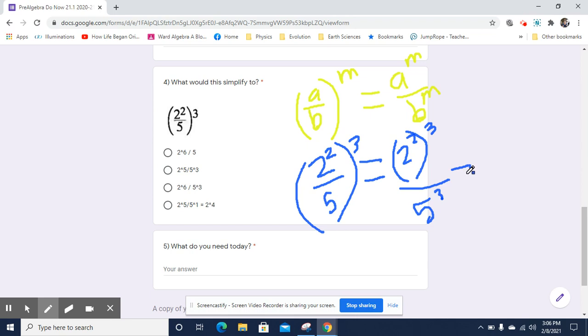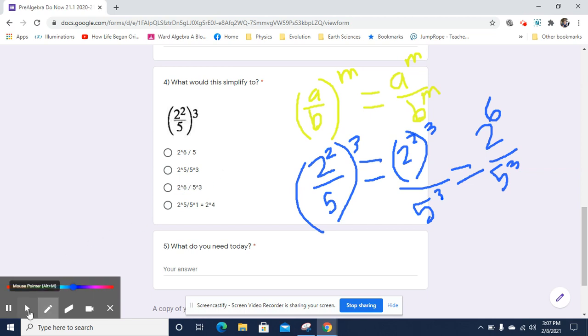So that ends up being 2 to the second being used 3 times. So that's 3 sets of 2 factors of 2. So that's 2 to the 3 times 2, or 6th power. And that's 5 to the third. And so the answer is 2 to the 6th over 5 to the third.